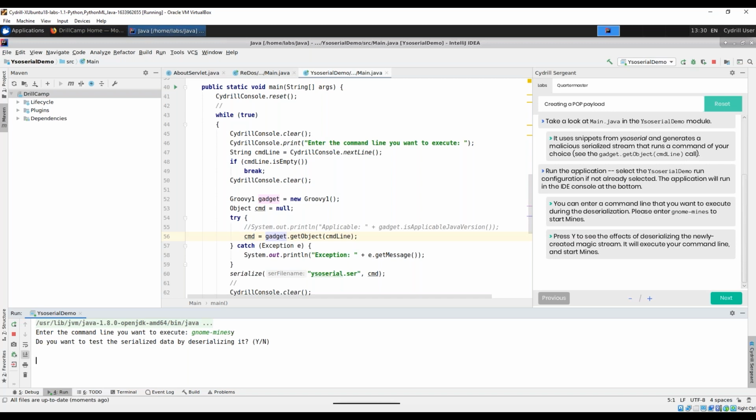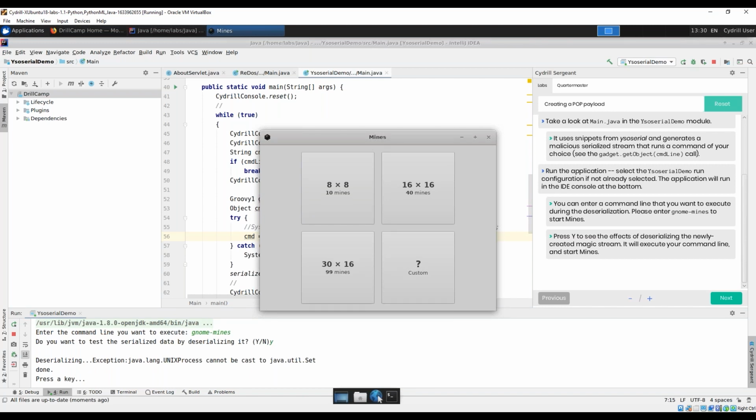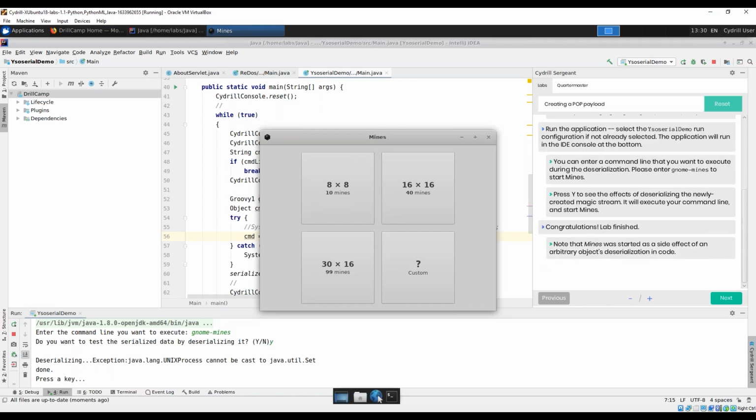Then what I'm going to do is create this serialized stream and save it to a file, and when I deserialize this particular file, then as the result of the deserialization, the program will start. So this is definitely not what should happen, because when we deserialize an object, we just create an object in our program. It should absolutely not start an arbitrary process or even do anything else outside our program. But again, attackers can exploit this functionality.